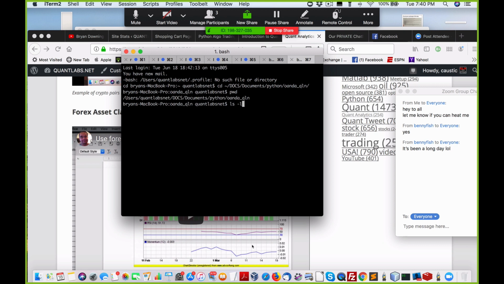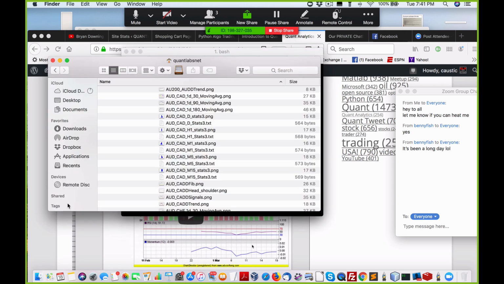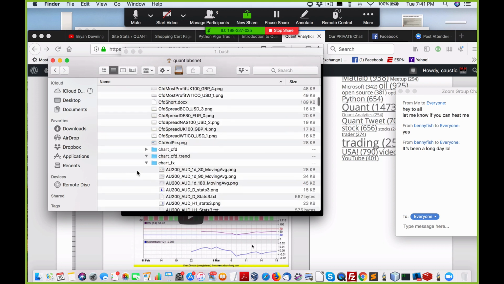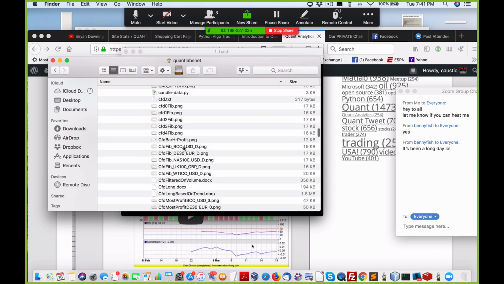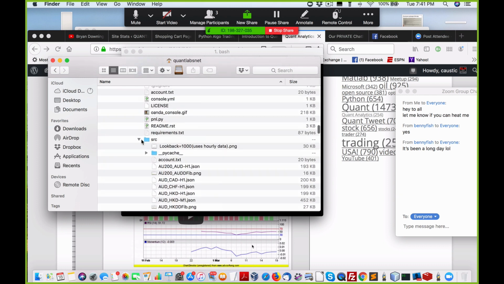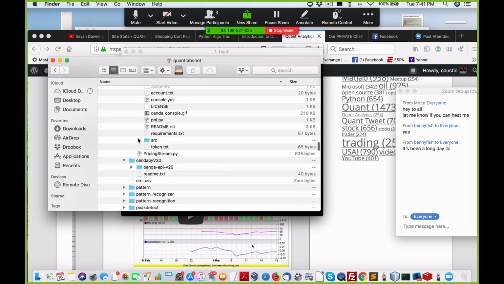So what I'm going to show you, let me show you the spreadsheet first. What I'm going to show you is the co-integration for Forex, and this holds much longer.